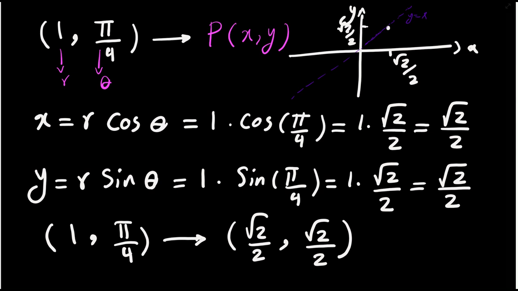And you know that the angle here is pi over 4, because y equals x divides the first quadrant, pi over 2, into two equal angles. So pi over 4 here, pi over 4 here. And as you see, the angle is pi over 4. And then the r here equals 1. That comes from x squared plus y squared.